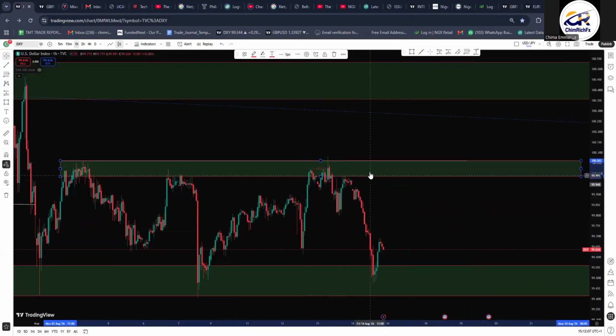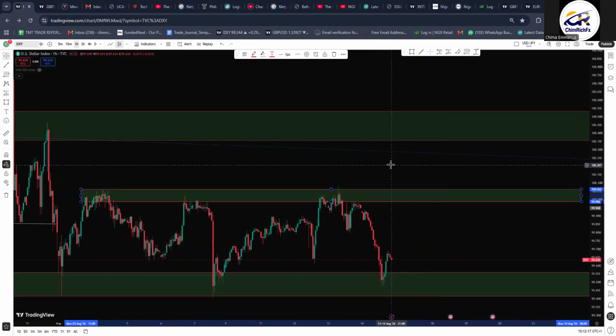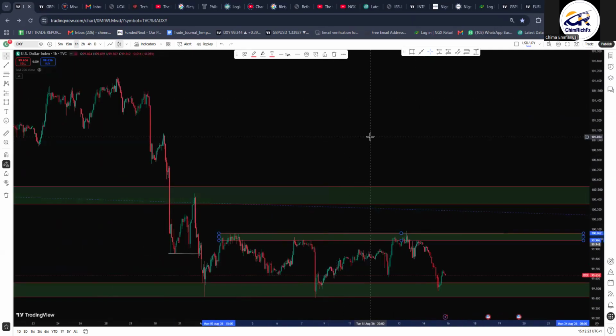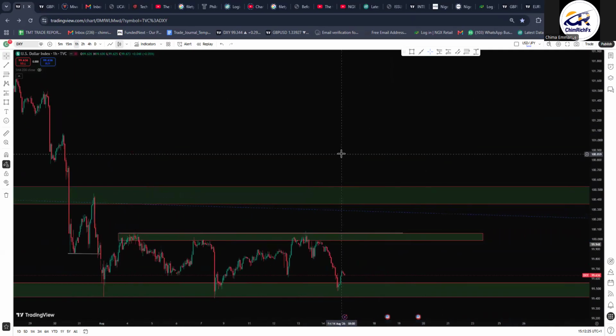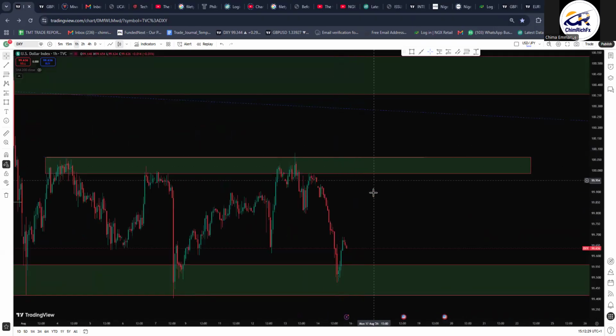Either we expect price to break out and then we test the zone and keep on declining, or we see price breaking up from this zone, retesting, and so that is my prediction for this coming week. It is just to hold on and see what the point is at which price is going to break out from.